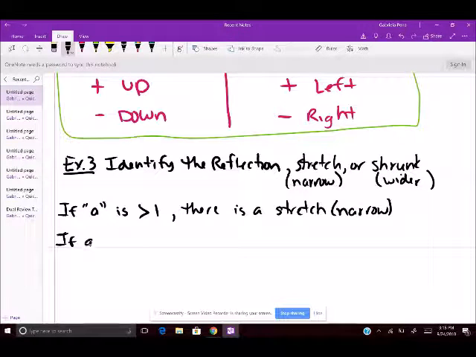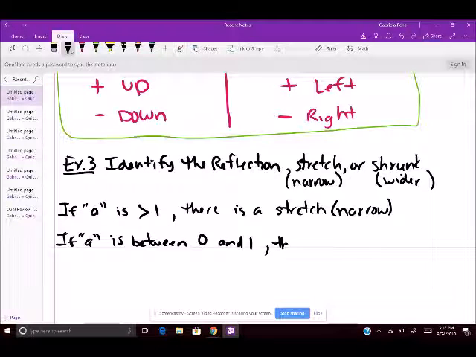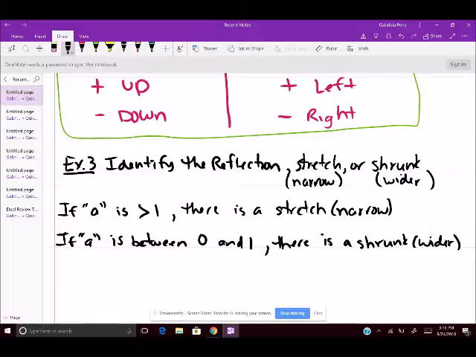If A is between 0 and 1, there is a shrink, which means that the graph got wider.